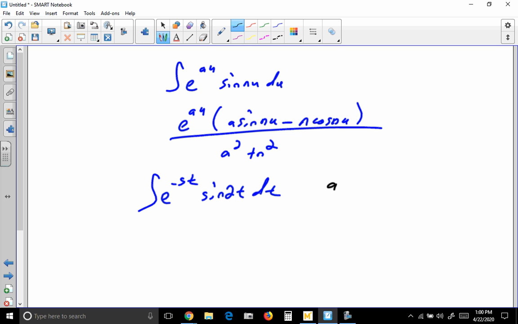So our variable, this is u, that's u, that's u. So our variable is t, so t, t, and t. So a is negative s, n is 2. So this is what we get when we integrate that.